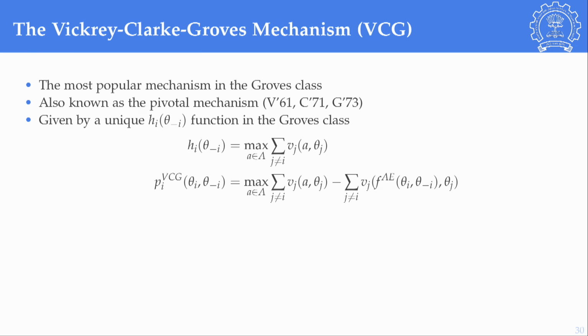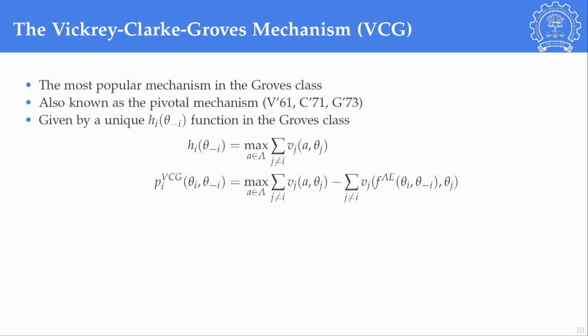Suppose I have the same set of allocations available, and I pick the allocation which maximizes the sum of the valuations when agent I is not at all present. Imagine a world where I have removed agent I altogether and tried to maximize the sum of the valuations.